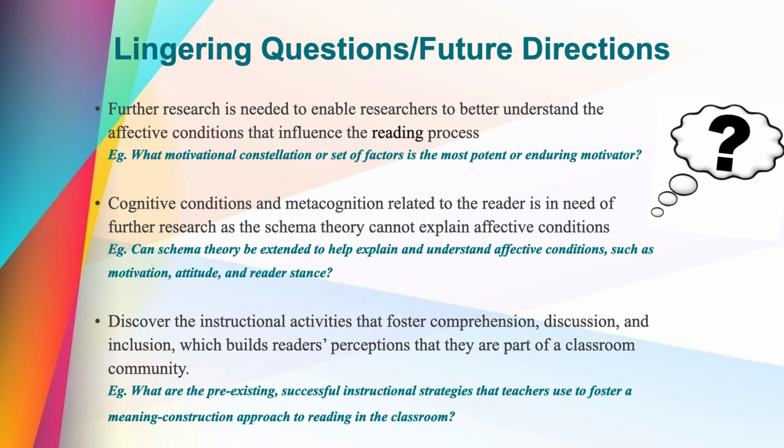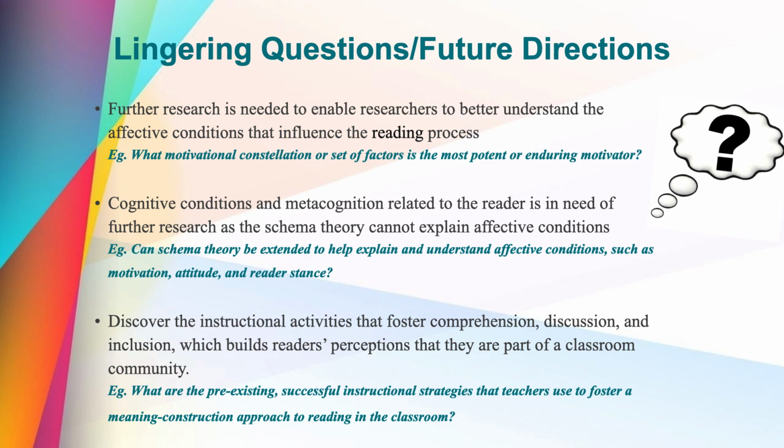Now, what questions do we have or further directions that this article can take? Further research is needed to enable researchers to better understand the affective conditions that influence the reading process. Example, what motivational constellation or set of factors is the most potent or enduring motivator?